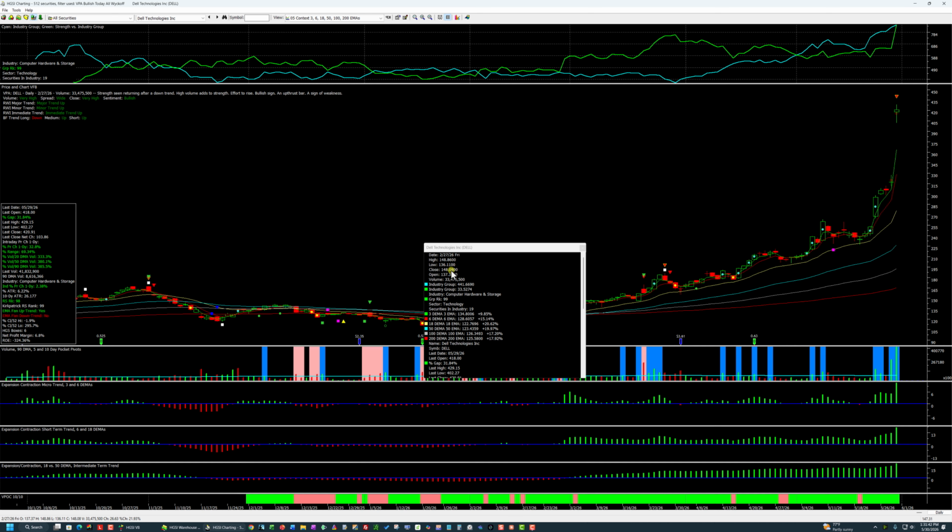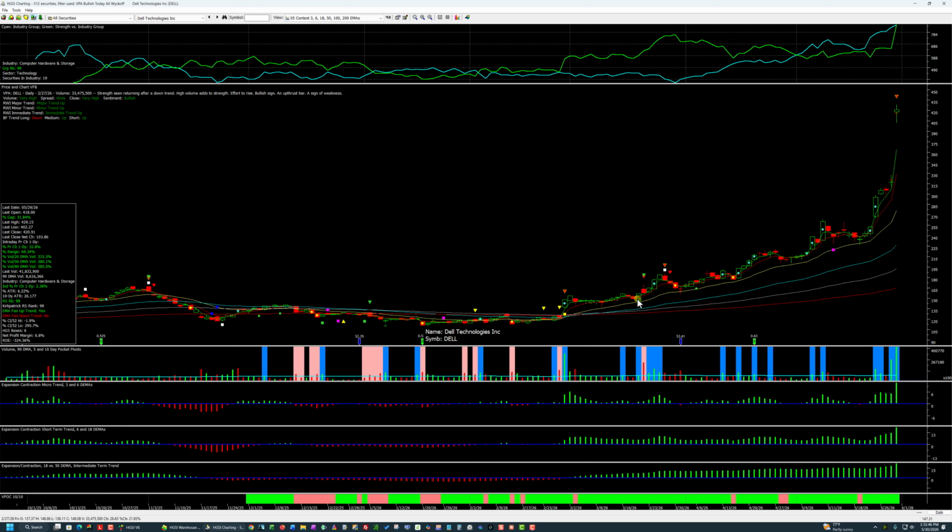High was 148. It closed at 148.08. So it made a $12 move on this effort to rise right here. And notice that the fan started forming.